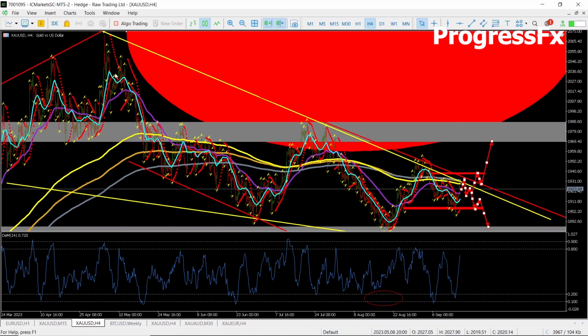So for it to manifest, the price of gold is continuing to fluctuate sideways in line with this upper indication with the arrow lines.